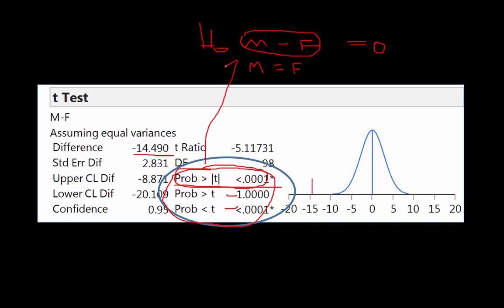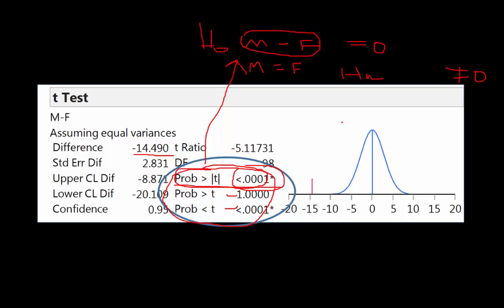So for the two-tailed test, that's our null, and our alternate is that this is not equal to 0, that there is some true difference between males and females in running time. Small p-value, and so we would reject the null, accept the alternate, and conclude yes, there is a difference in means in the running time between male and female.